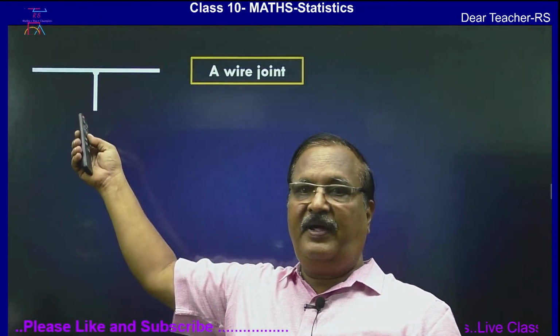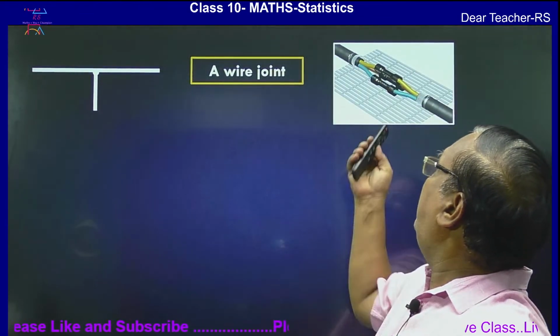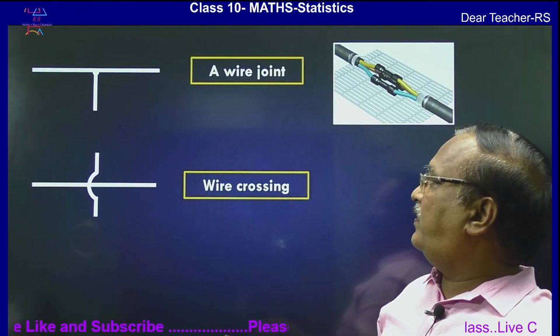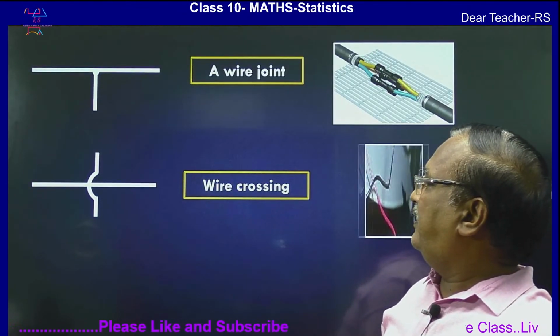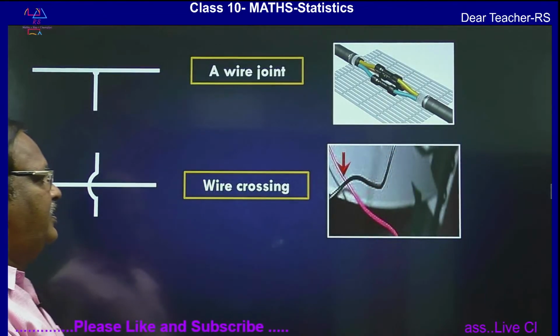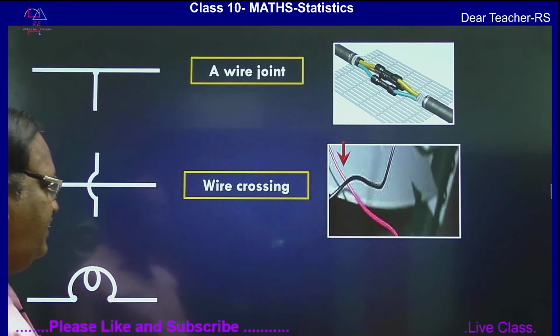If you find it like this, this is called a wire joint. This is wire crossing, like this. These are self-understanding points.